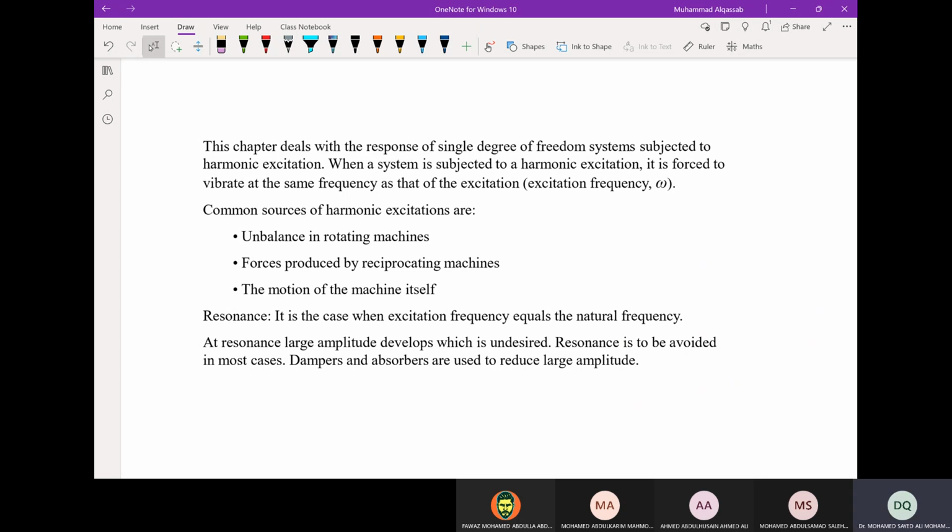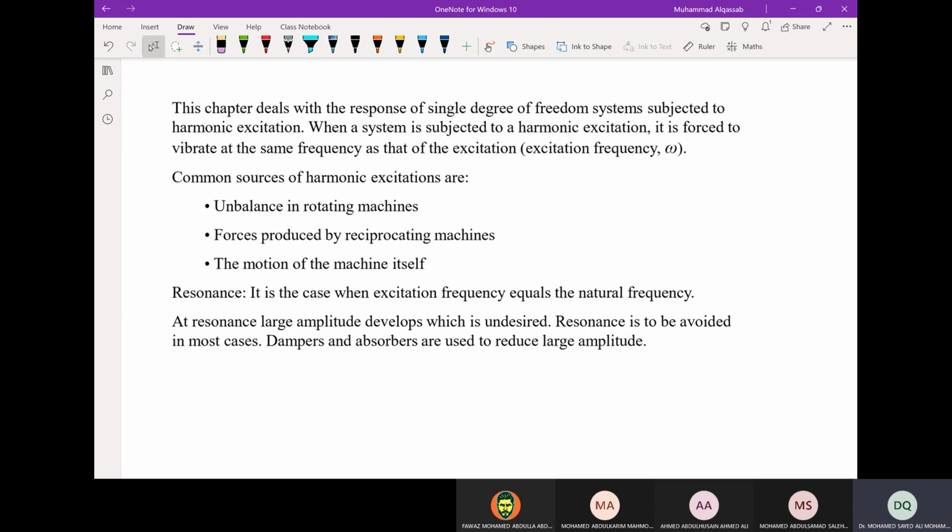This chapter deals with the response of a single degree of freedom system subjected to harmonic excitation. We will limit this to single degree of freedom up to chapter 4. When a system is subjected to a harmonic excitation, it is forced to vibrate at the same frequency as that of the excitation force. We call it omega.